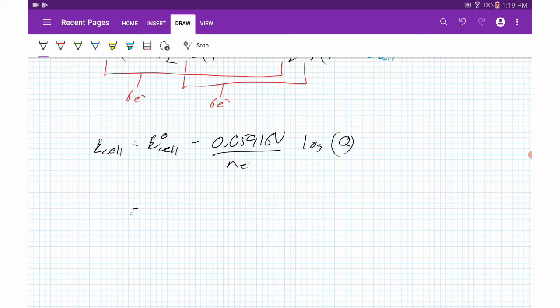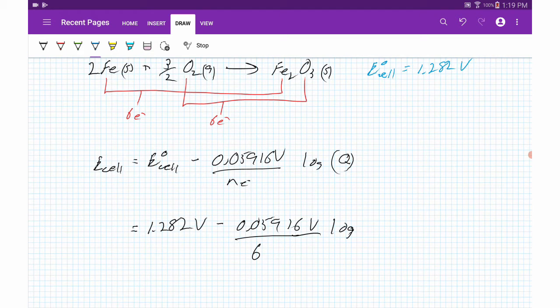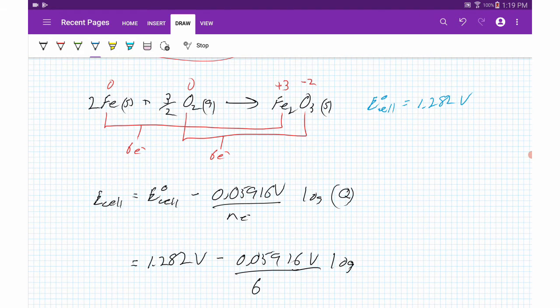Plugging all what we know into this process, we have 1.282 volts. And Q, and by the way, this is where I made the error in doing this in class. I needed to take into account the stoichiometric coefficient.